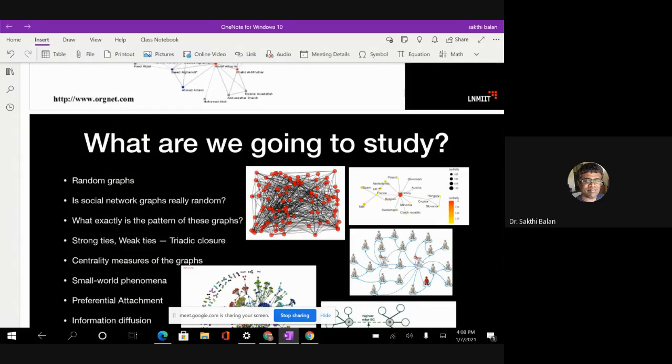To understand the concept well, this class we will concentrate a little on the basic graph theory concepts. Basic graph theory itself is a separate topic, so we will not go into all the concepts in graph theory.